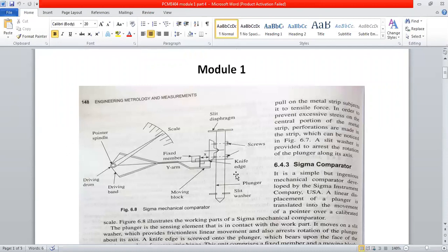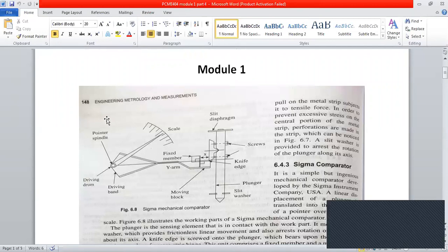So we can get the measurement of the indicator on the 360 degree scale through the displacement of this moving block. That means the displacement of the moving block is compared with the 360 degree scale. So this is one type of comparator. Do you understand this?